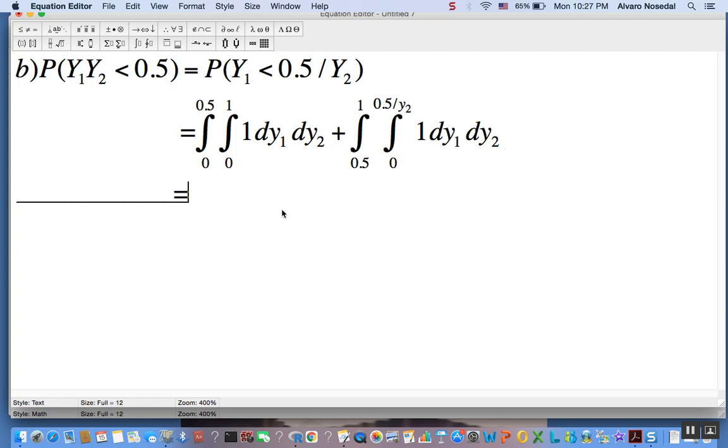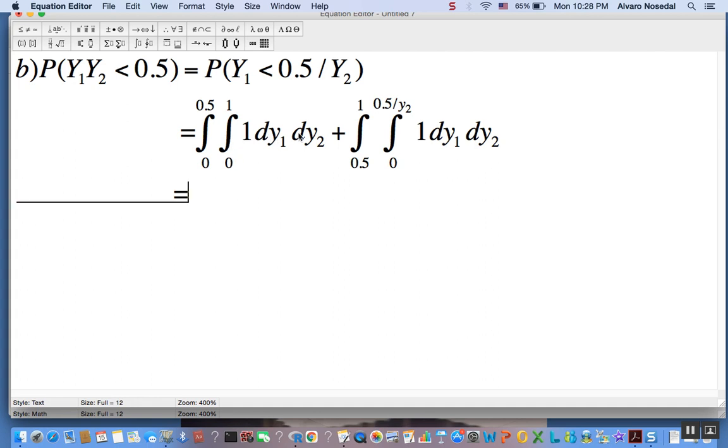Very quickly, note that the integral in the first region is going to be just 0.5, right? The integral of 1 with respect to y1 is just y1. If you evaluate at 1 minus the evaluation at 0, you end up with just 1.